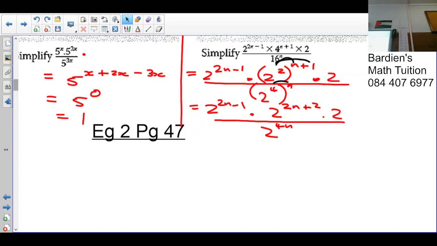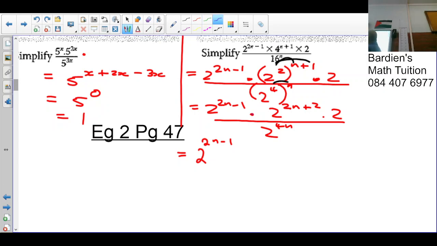Okay, so this here will be 2 to the 2n minus 1. Remember, you're multiplying here. Can you see that? So what must you do to these exponents? You must add them. So it's going to be 2n minus 1 plus 2n plus 2 plus 1. When we divide, what do we do to the exponents?